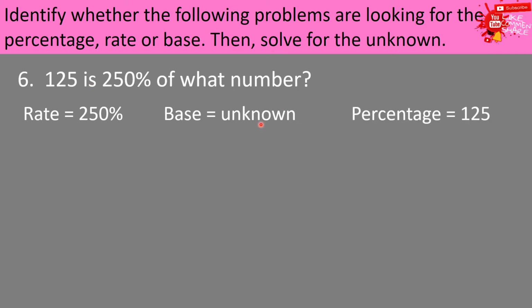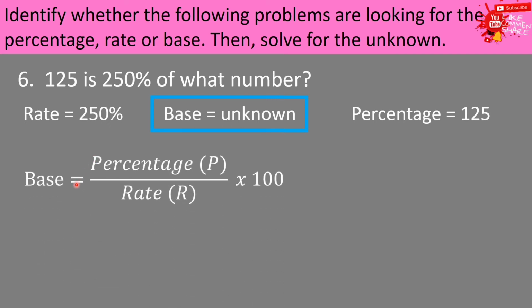Since the base is the unknown, we are looking for the base. At ang kailangan natin ay formula ng base. So, base is equal to percentage divided by the rate times 100. So, substitute lang natin yung mga values natin na 250% at saka 125.